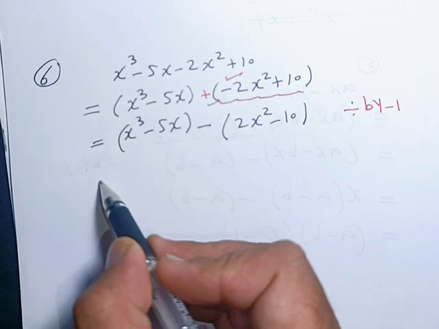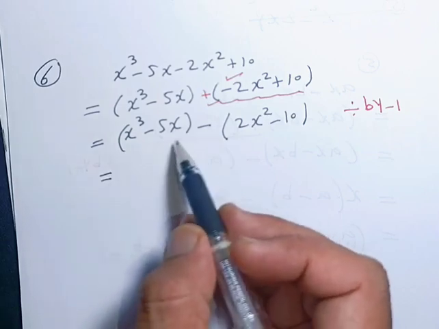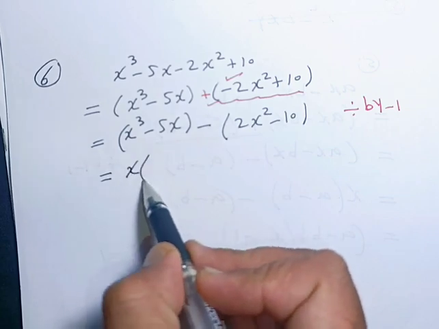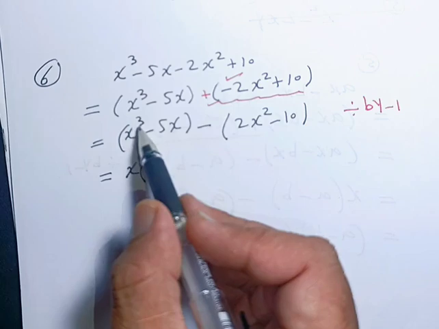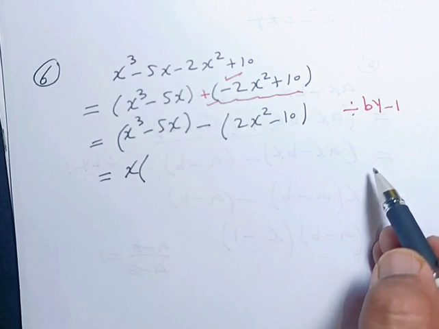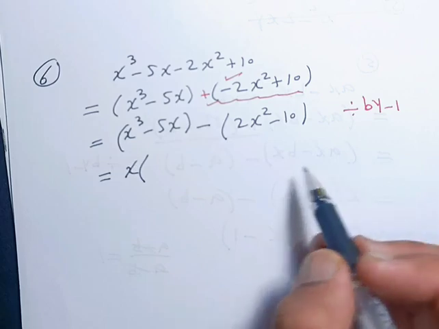Right, now factorize. Take out the common factor. x is a common factor in the first bracket, so x power 3. To find what remains inside the bracket, divide each of the original terms by the common factor.